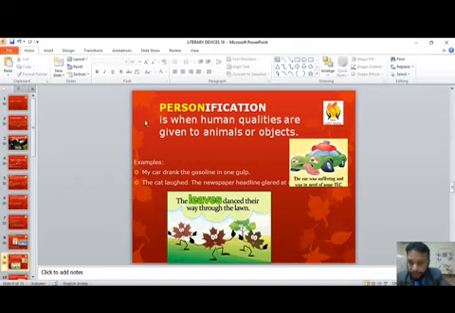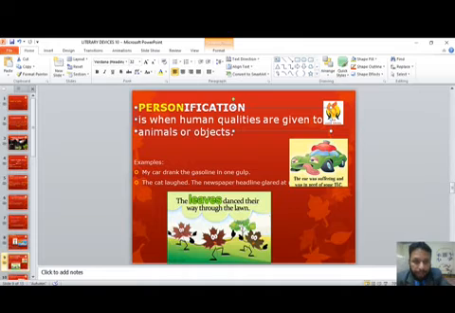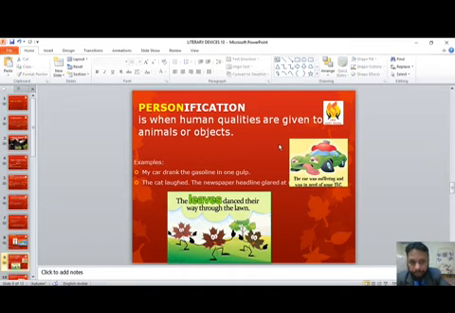Personification is when we animate either objects or animals. The poet, the writer shows the animals speaking like human beings. Here you see the car looks very tired, which exactly cannot be possible. Here you see the leaves dancing, which cannot be possible.